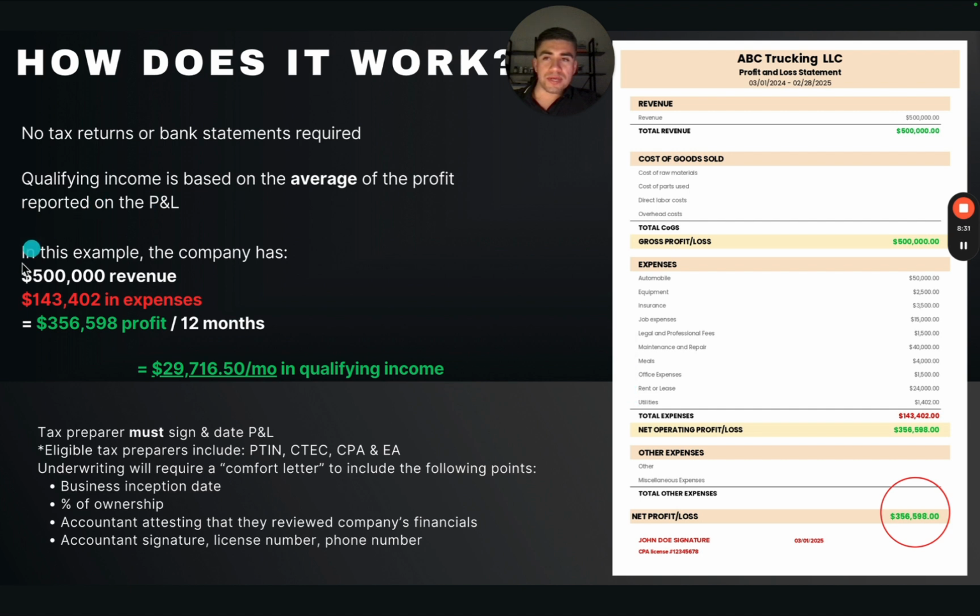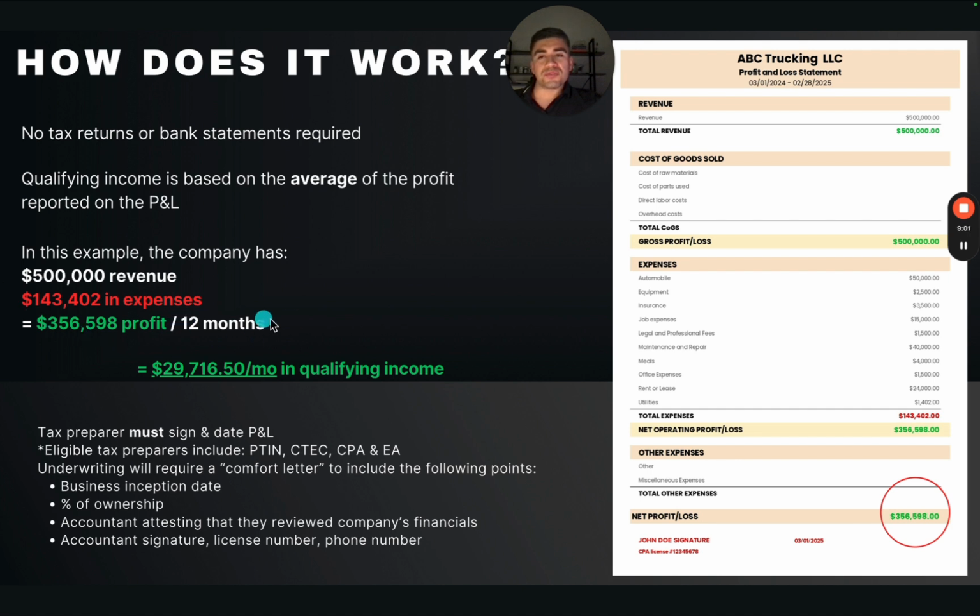Going back to this here, we have $500,000 in revenue, and we have $143,000 and some change in total expenses. When you subtract the expenses from the revenue, that gives a profit of $356,598.